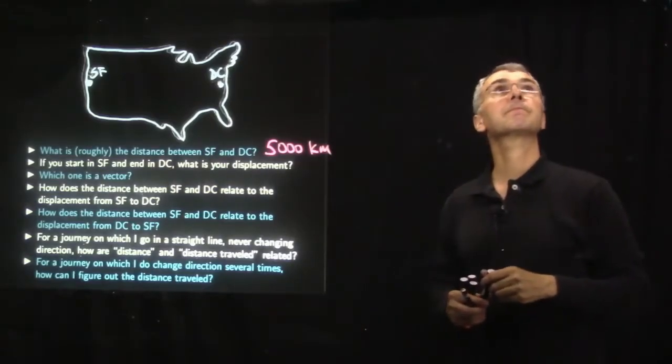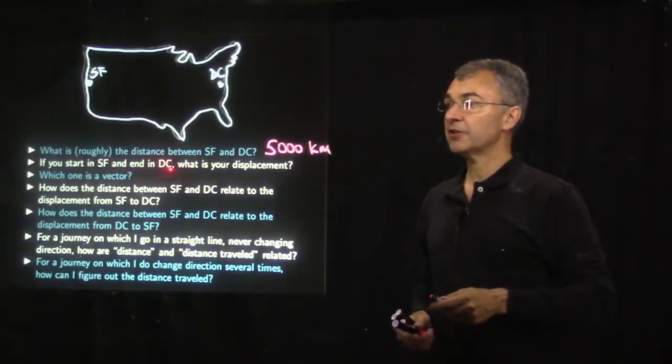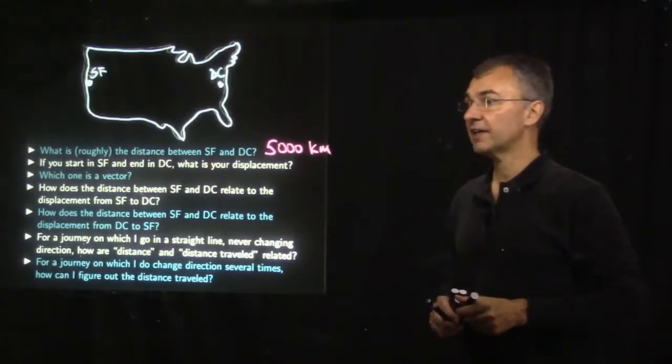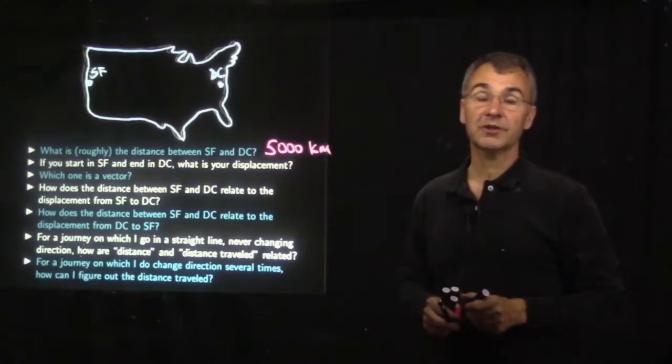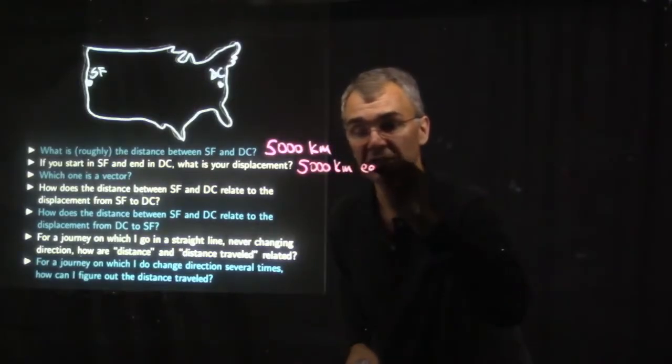Okay. If you start in San Francisco and you end in DC, what is your displacement? I would say in this case, I have traveled 5,000 kilometers to the east. So I'm going to say 5,000 kilometers east.